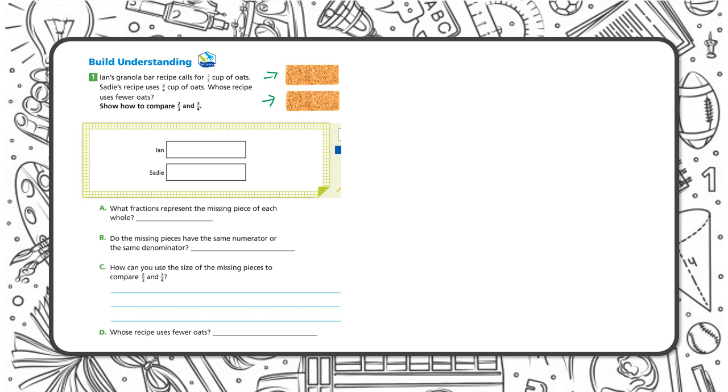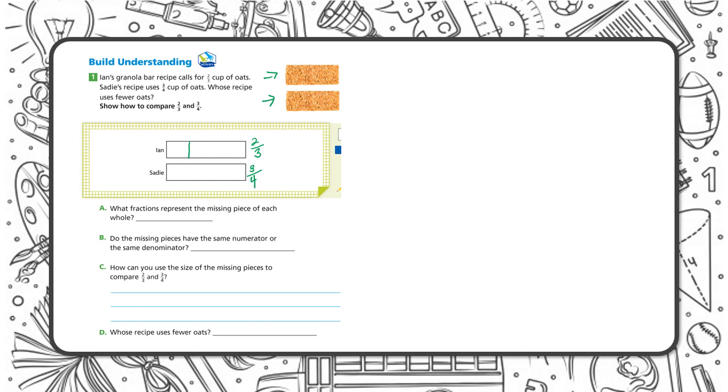Well, I don't know about you, but I would break up my models so that I can compare the fractions. So I'm going to break up Ian's model into thirds because his recipe uses 2/3 cup of oats. And then I'm going to break up Sadie's recipe into fourths because her recipe uses 3/4. So I'm going to go ahead and do that. Let's see.